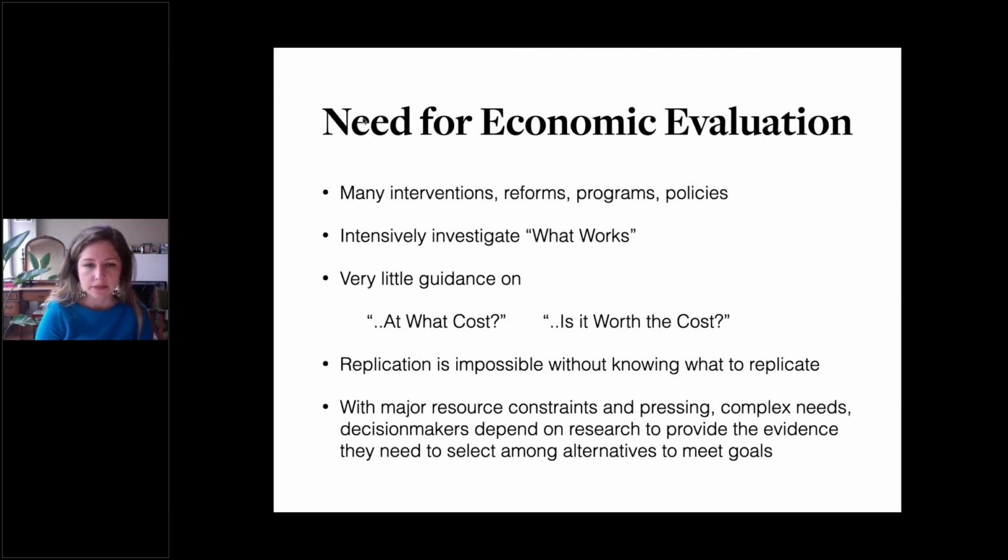So when we think about replication, we think about the fact that we're producing information so that someone else can deliver and hopefully replicate what we find in our studies in practice. And I don't believe that there's any reason for us to expect replication to be successful without information on what it is that they need to replicate.